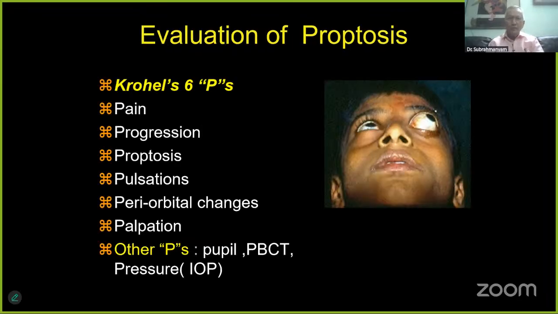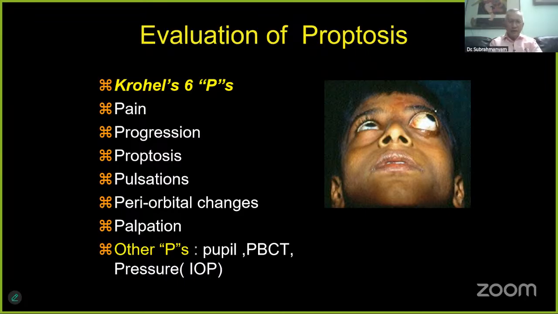Evaluation of proptosis, coming to it. Crowell's six P's: pain, progression, proptosis, pulsations, periorbital changes, and palpation. The other ones that I have added are pupil, prism bar cover test, and pressure, IOP, which are also important.